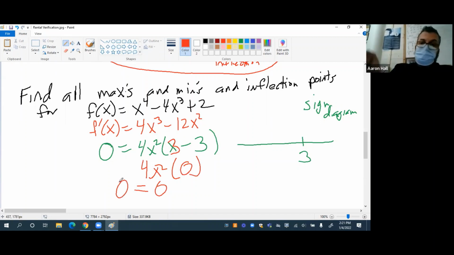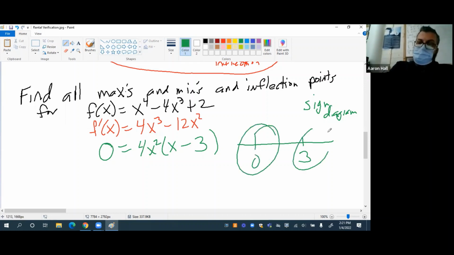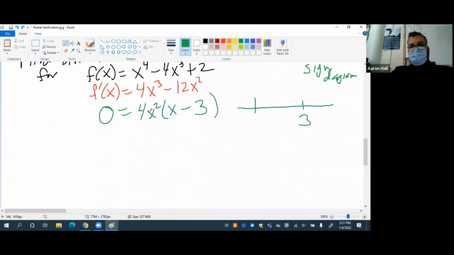So one answer is 3. What's another one? If this x right here is 0, then we get 0 as well. So another critical point is 0. Does that mean that one of these is a max and one is a min? No, I'm not guaranteed that because there are other possibilities.